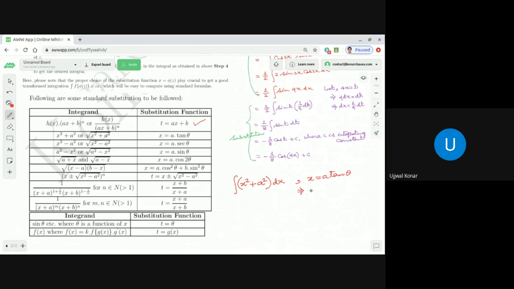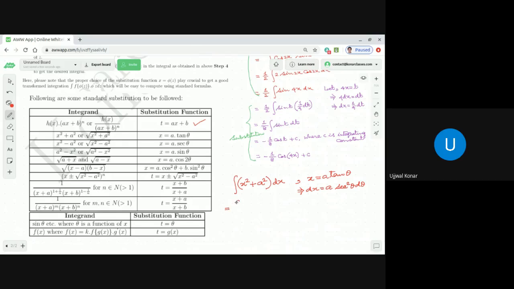That means dx equals, what is the differentiation of tan theta? Sec. Sorry? No, not log of sec theta. Differentiation of tan theta is sec square theta, no?